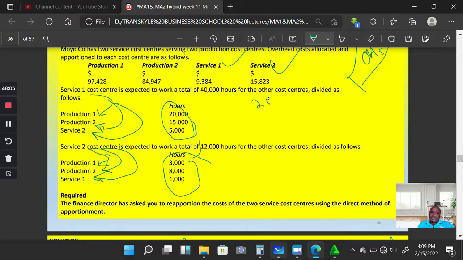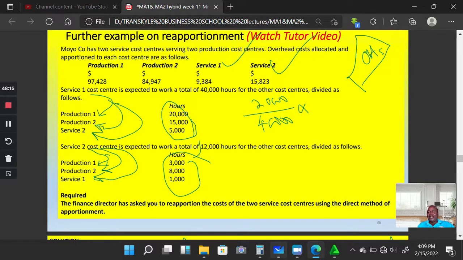So you say 20,000 divided by a total of 40,000. By now this should be at your fingertips. 20,000 over 40,000 multiplied by how much? We want to apportion the overhead for service center 1.